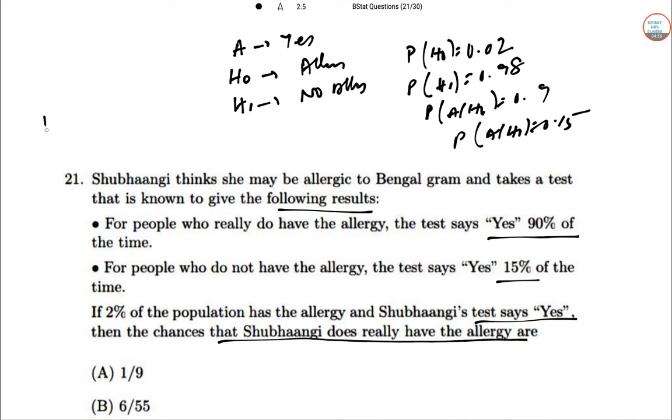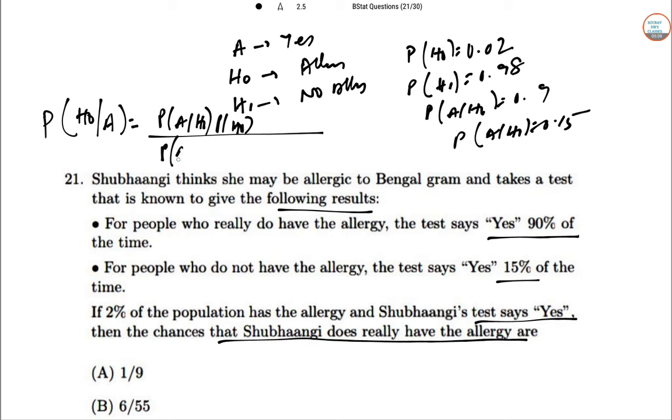By Bayes theorem, we need to find H0 given A. So P of A given H0 into probability of H0, divided by probability of A given H0 into probability of H0 plus probability of A given H1 into probability of H1.